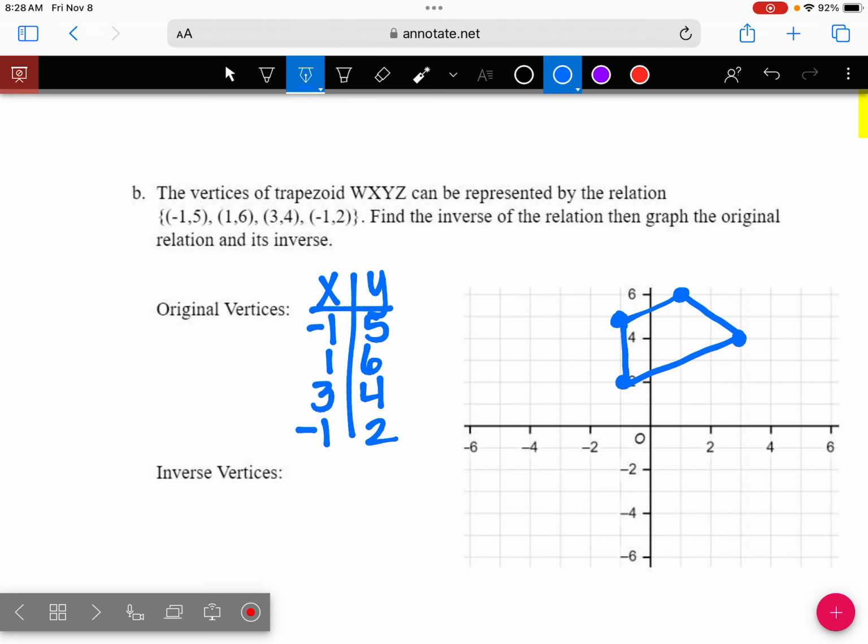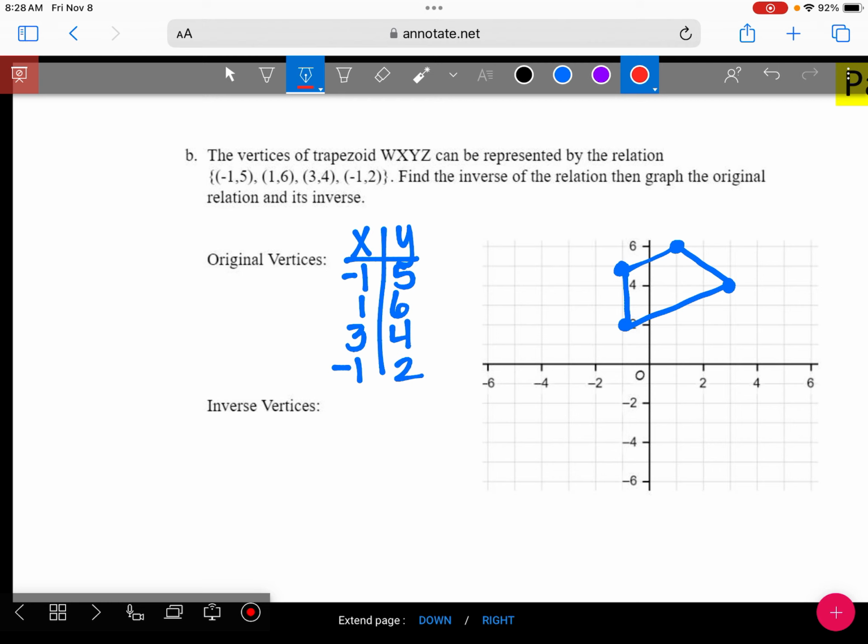All right, so now we're going to graph our inverse. I'm going to make a second table. And I'm going to flip it. So I'm going to put these 4 numbers under the Y. So under Y, I have negative 1, positive 1, positive 3, negative 1.